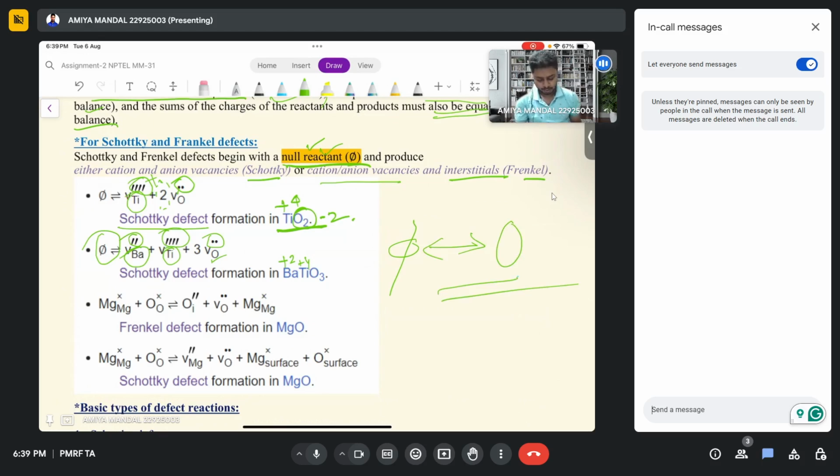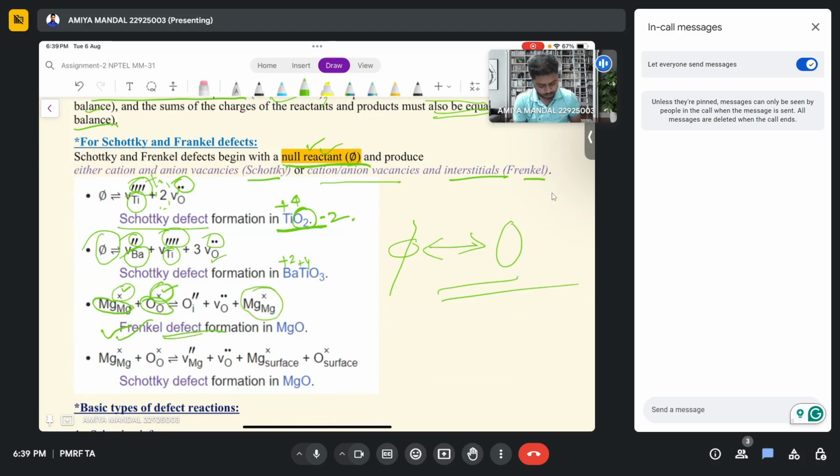Okay. And next is Frenkel disorder. In Frenkel disorder, you can see that at the magnesium position and oxygen position, they are presented with neutral charges. After Frenkel disorder, what will happen?